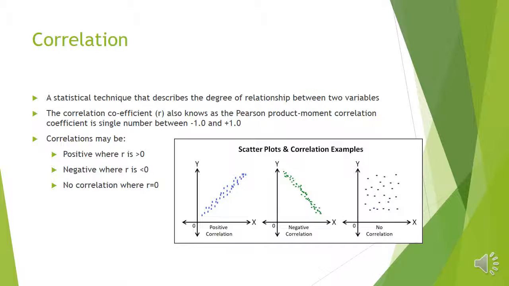For your negative correlation, you would have an increase in one variable associated with a decrease in another variable. When there is no correlation, there is no strict pattern as to whether a variable is increasing or decreasing as the other increases or decreases. And in this instance, as we said, your coefficient would be equal to zero.